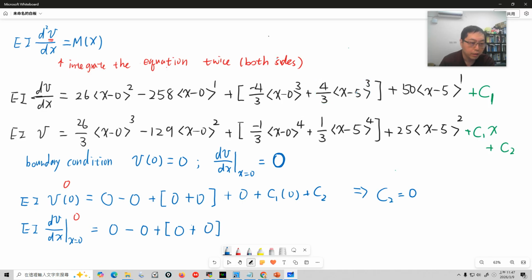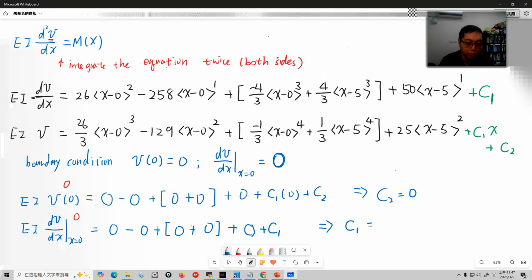And plus 50 times (0 minus 5) to the power 1, but it's less than 0, so the whole function is 0. And then plus C1. So x plus 0 plus C1, so this also gives you the answer: C1 is equal to 0.